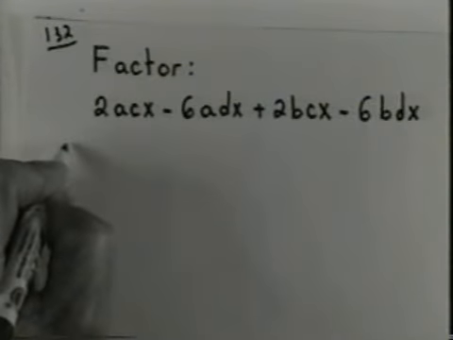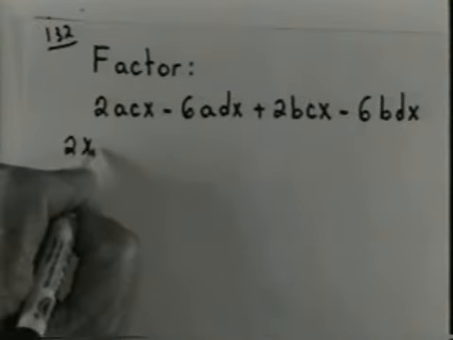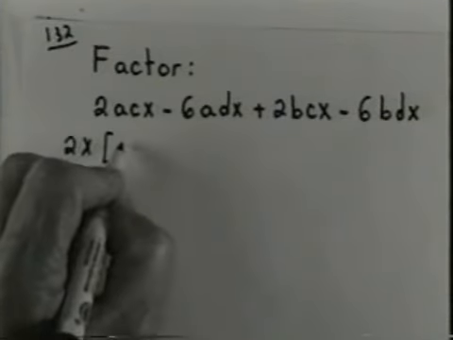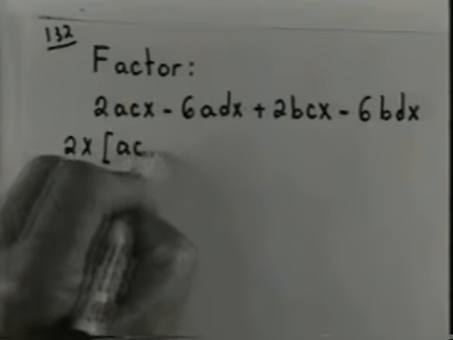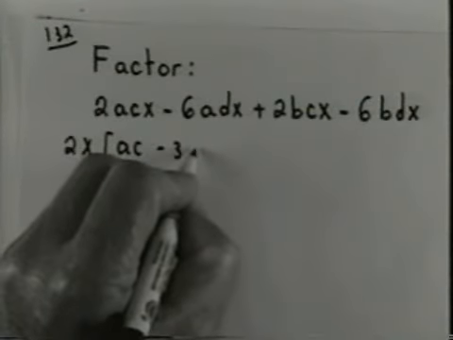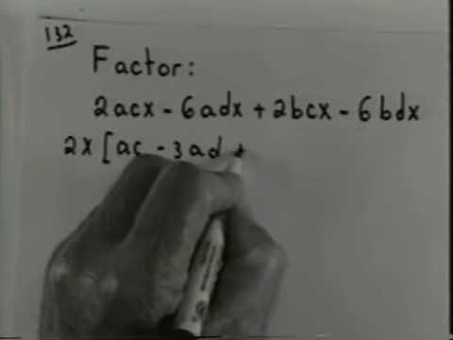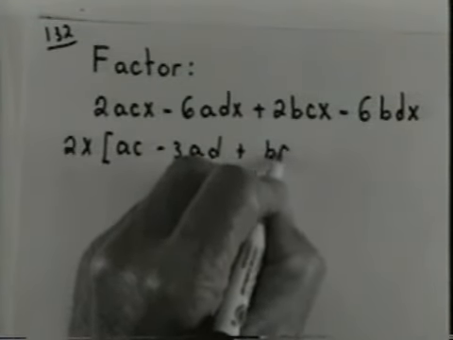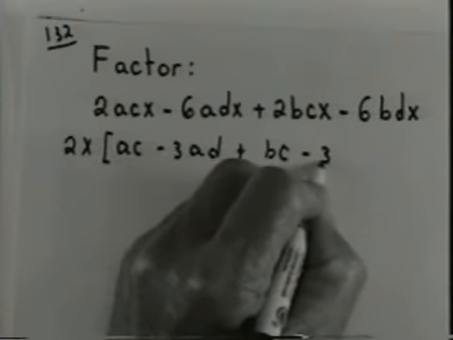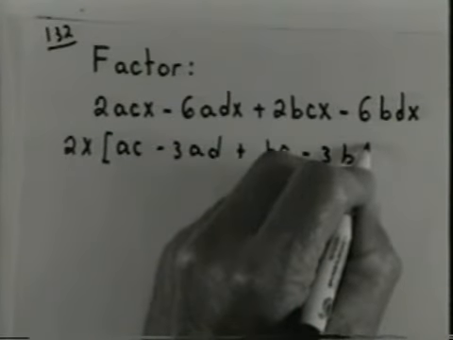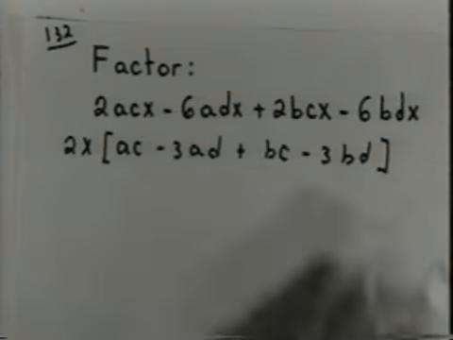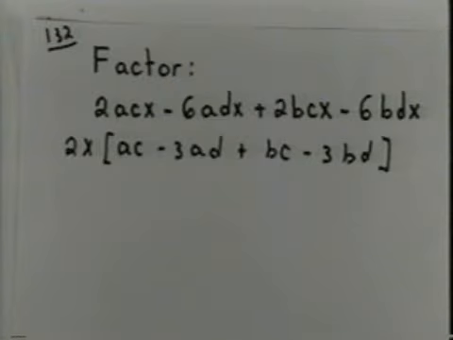So I can factor out the 2x, and I'm left with AC minus 3AD plus BC minus 3BD. So I've divided out the common factor of 2x.